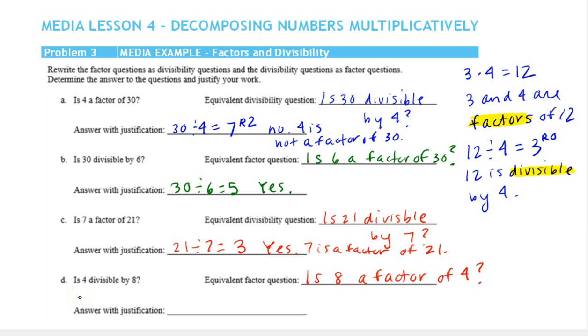So notice if we divided 4 divided by 8, let's make a little picture of what this would look like. So here's 4, 1, 2, 3, 4, and I want to divide this into groups of size 8. Well, notice I don't even have 8, so there's 0 groups of 8.